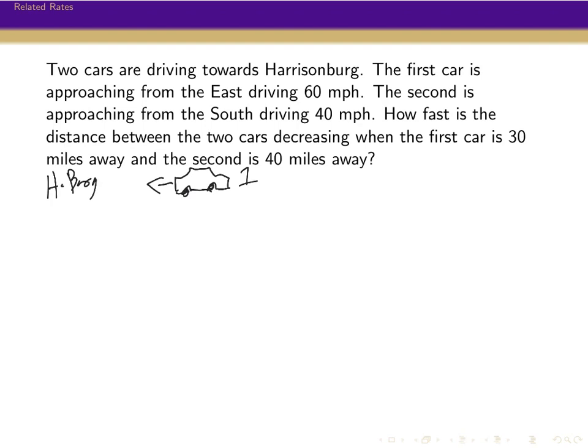Car number 2 is coming from the south, and so let's put it this way. And we've got more of like a station wagon SUV sort of thing going on. It's going up this way. And it wants to know how fast is the distance between the 2 cars. So it's talking about that distance there.